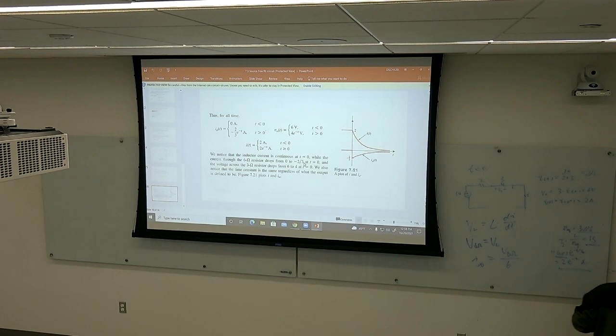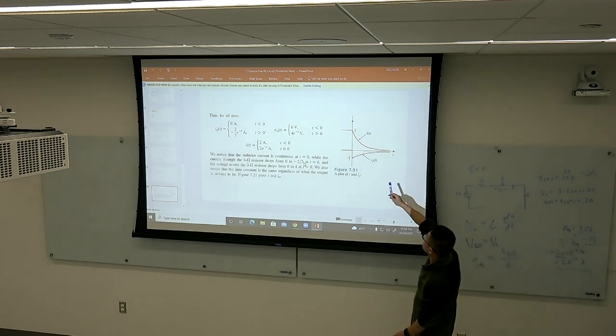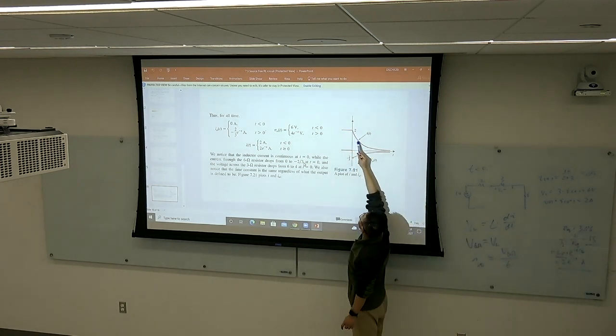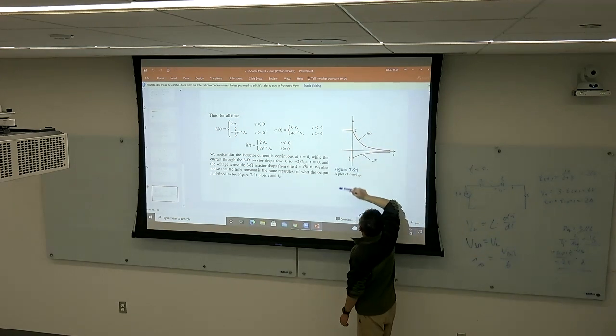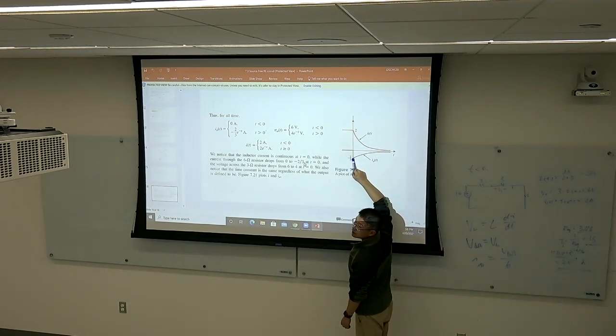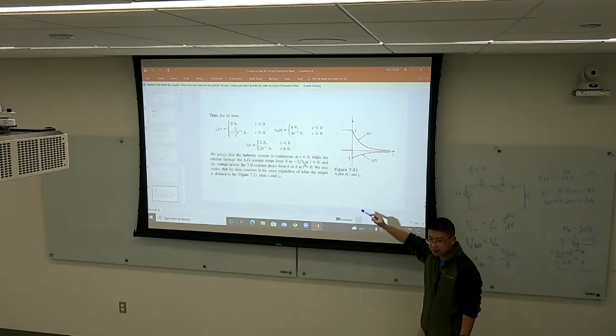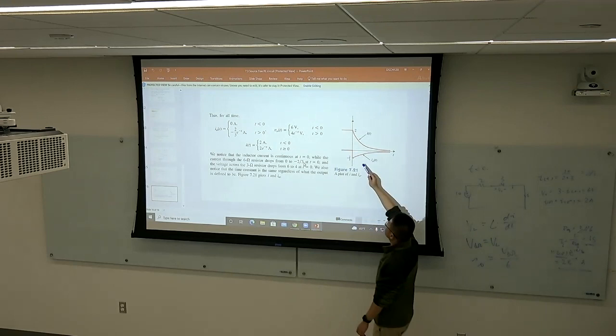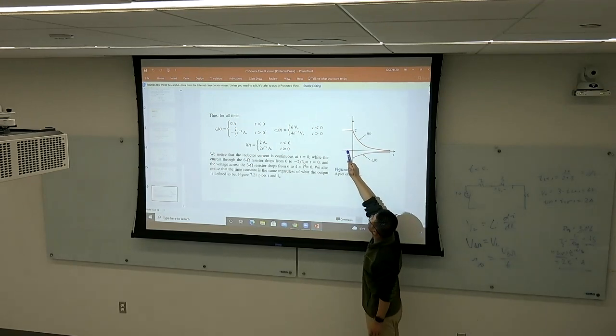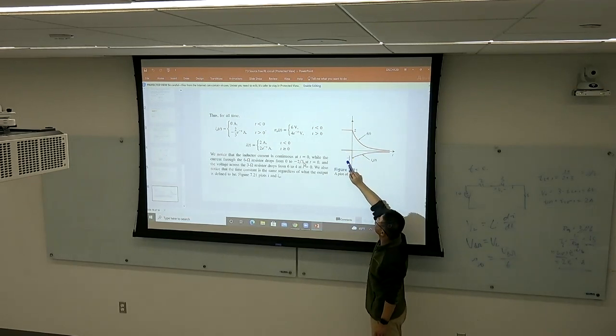Here you can see that the inductor current cannot change instantaneously, but the resistor current can. You see it jumps from 0 to negative 2/3.